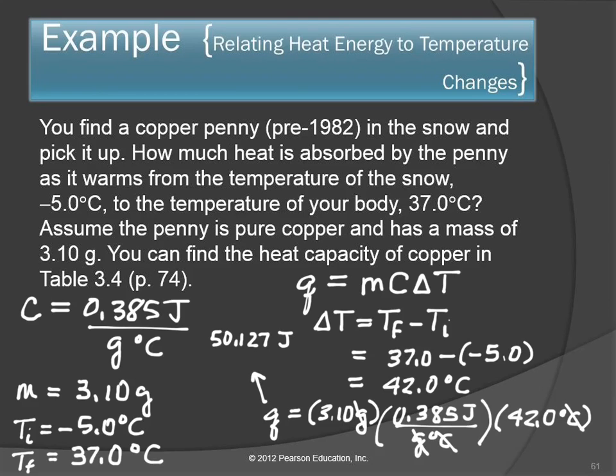And then we have to think about significant figures. How many significant figures does this number have? 3. And this one? 3. And that one? 3. So they all have 3. So our answer should have 3. So we're going to report our answer as 50.1 joules. That's the amount of heat energy needed to warm up that penny.